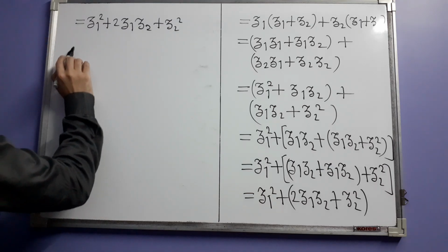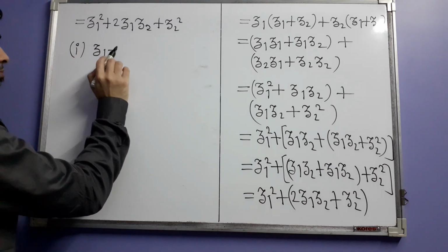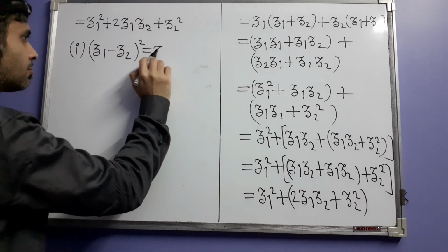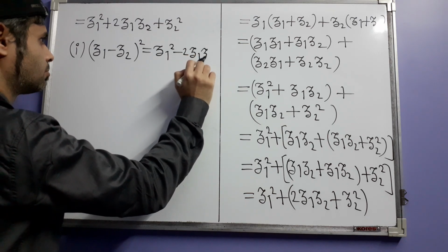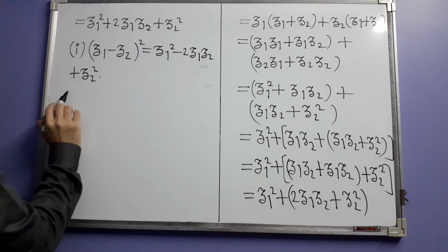So the other identities, of course, one of them is this: z1 minus z2 whole squared.